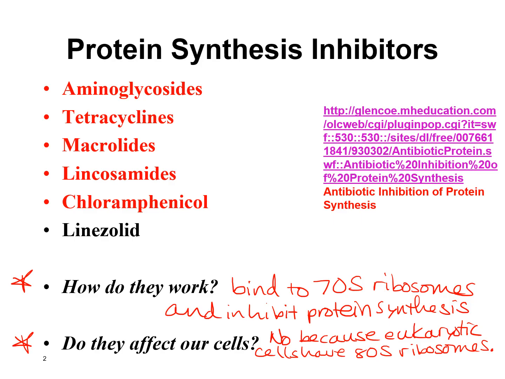The only way that they could cause problems with our cells is that they could bind to the 70S ribosomes that are in our mitochondria. That could potentially cause some side effects. But in general, these antibiotics don't affect our cells because they don't bind to the 80S ribosomes that we have.